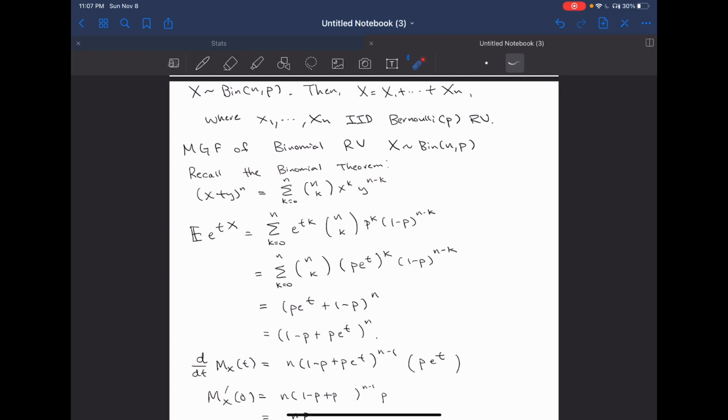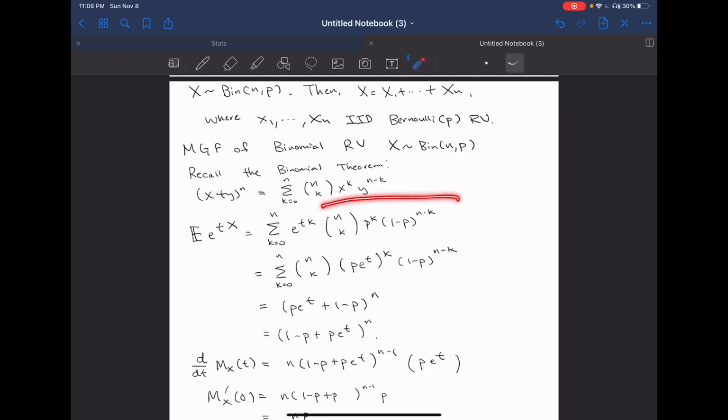Now, if we apply the definition of the moment generating function, the MGF, the definition is the expectation of e to the tx. So this is the MGF of x. Now, if we apply the definition of expectation, you take the function e to the tx, so we have e to the tk. k is what values x takes. So x takes values from k equals 0 to n because it's a binomial random variable.